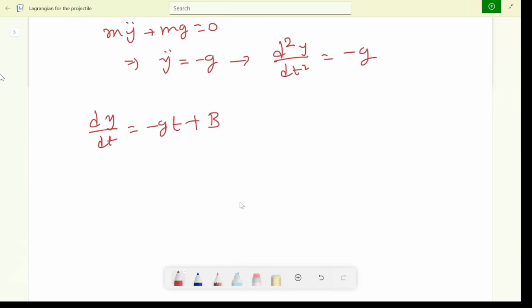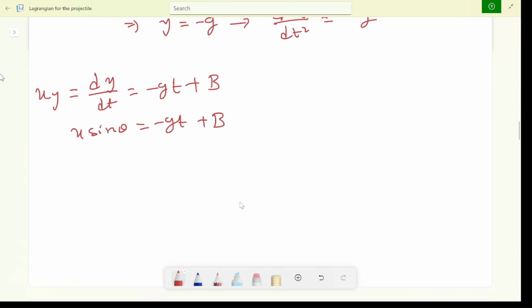And notice that dy by dt is nothing but uy. So we can write that u sine theta is equal to minus gt plus b. Right, we're going to just box it out.